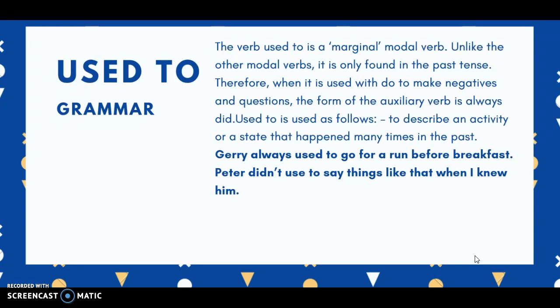Used to is used as follows: to describe an activity or a state that happened many times in the past. Examples: Gary always used to go for a run before breakfast. Peter didn't used to say things like that when I knew him.